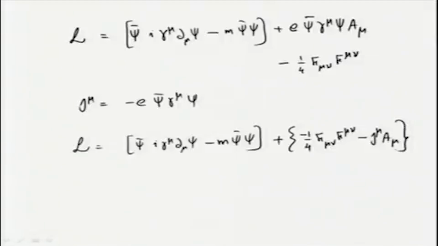What is there in the curly bracket is precisely the Lagrangian that we use to get the Maxwell's equation.